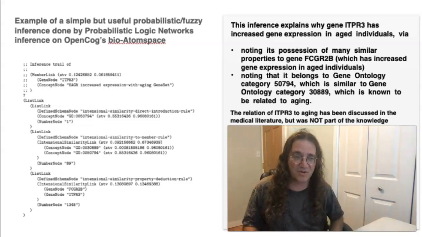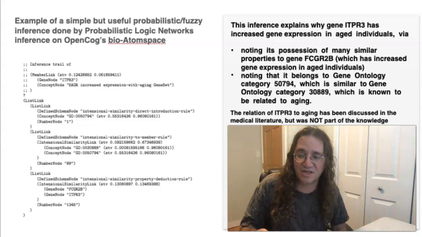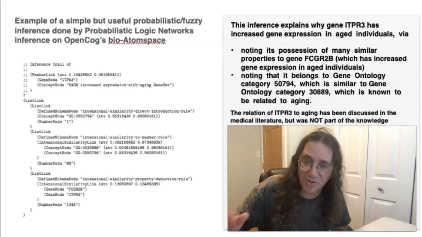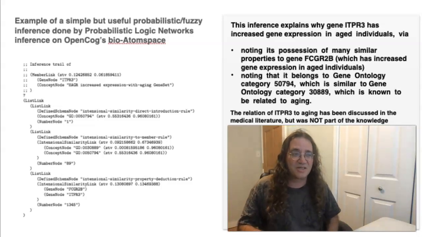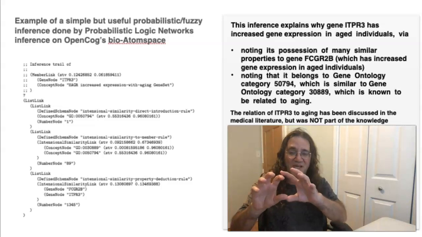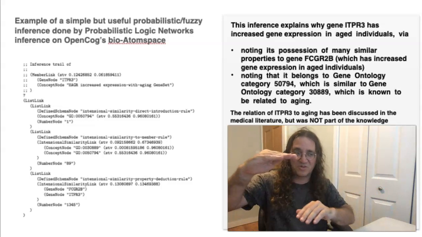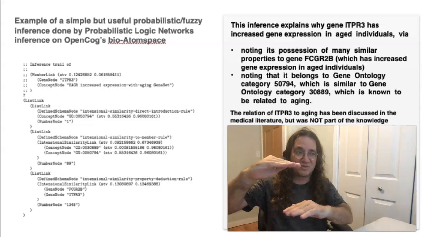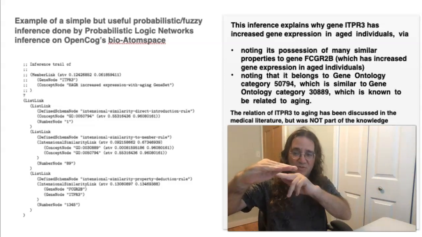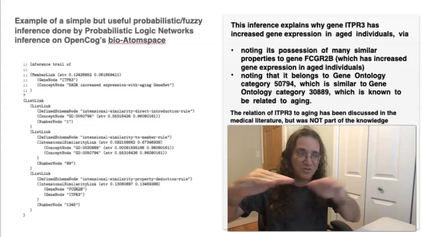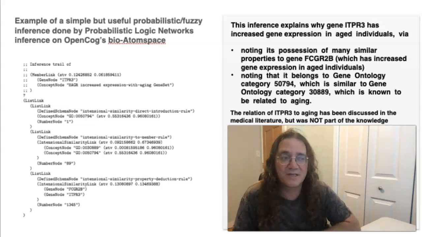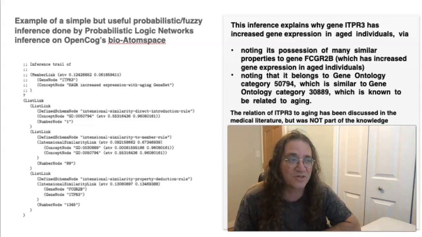The machine learning algorithm MOSES, OpenCog's probabilistic evolutionary program learning algorithm, tells you that in many of the little classification rules it learns that distinguish very old people from other people, this gene ITPR3 plays a key role in combination with other genes, but that doesn't give you an explanatory model.